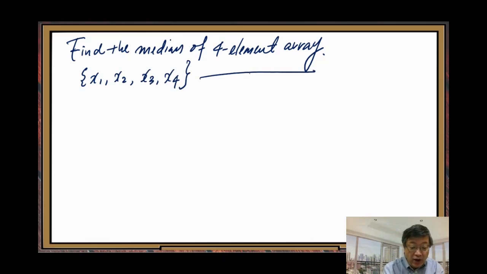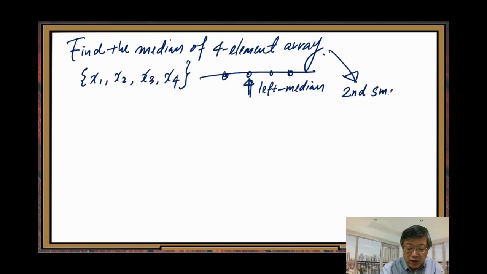You have 4 elements. The median, by default, we mean the left median, right? Left median means the second smallest element. So in a 4-element array, it means the second smallest element.